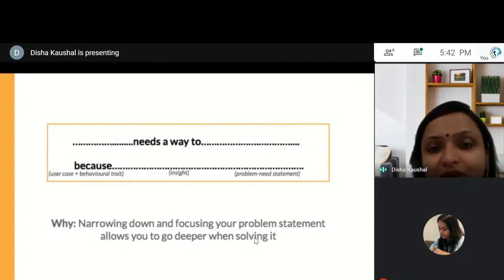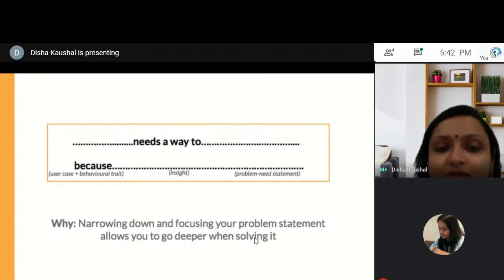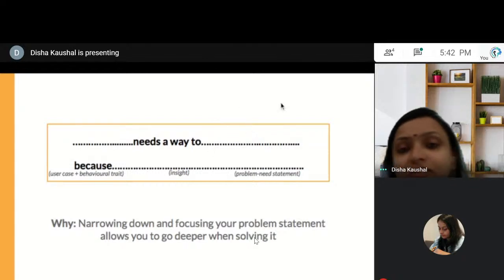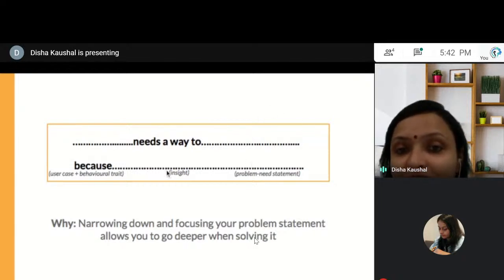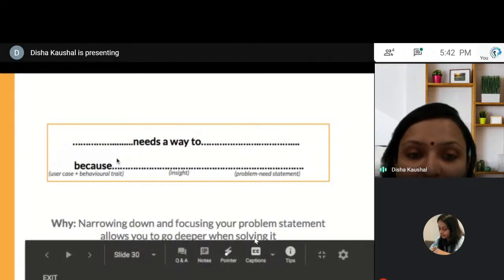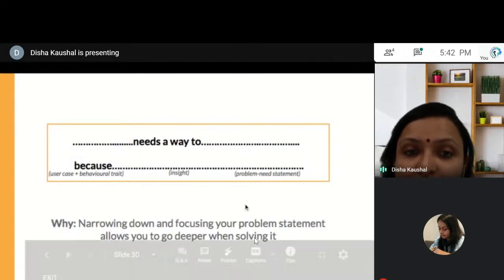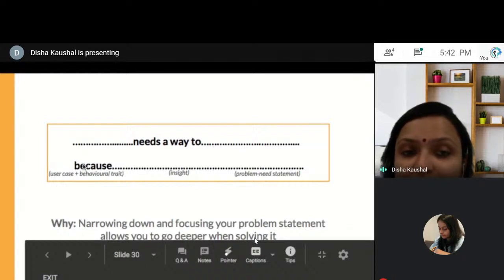Needs a way to, after that the verb that comes will probably lay down further directions of how your solution could be. It will list down the properties or the desirable traits of the solution that you want. And in the third part, you are talking about the exact problem that they are facing.